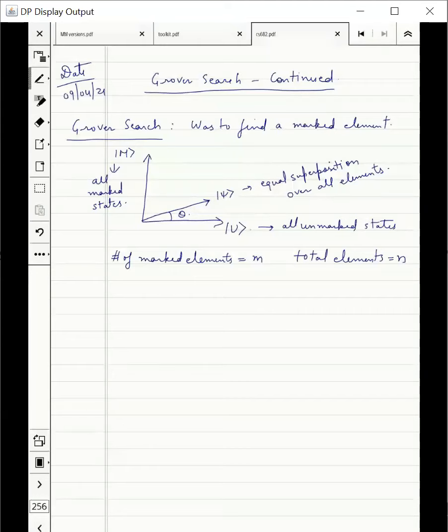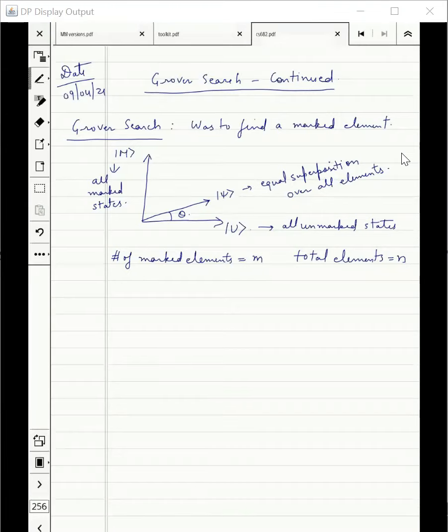An approximate figure will also be helpful. Cos inverse root n minus m by n.